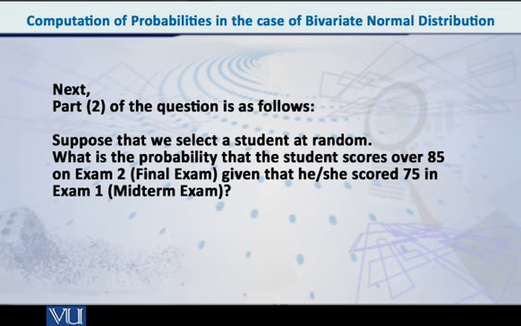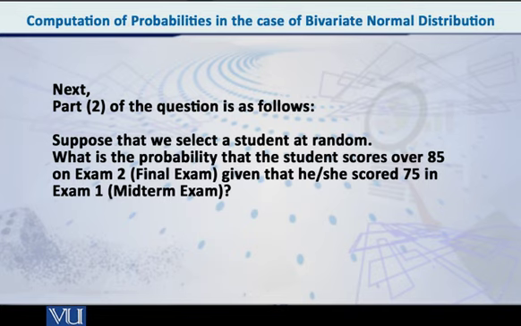Students, I think it should be obvious to you that now we are going to deal with the conditional distribution of Y given X is equal to 75. हमने यही नाम रखे थे ना? X denotes the marks achieved in the midterm exam and Y denotes the marks achieved in the final exam.